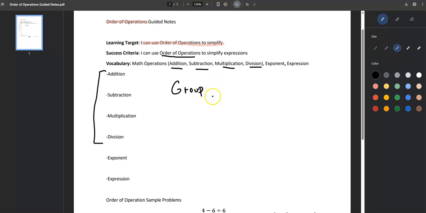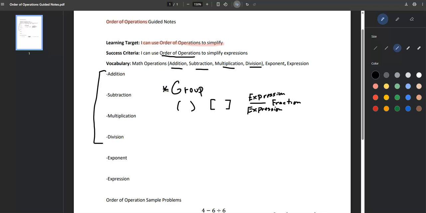Those groups would be parentheses, brackets, or any type of fraction that has an expression in the numerator and an expression in the denominator. I'm going to look for those groupings first.